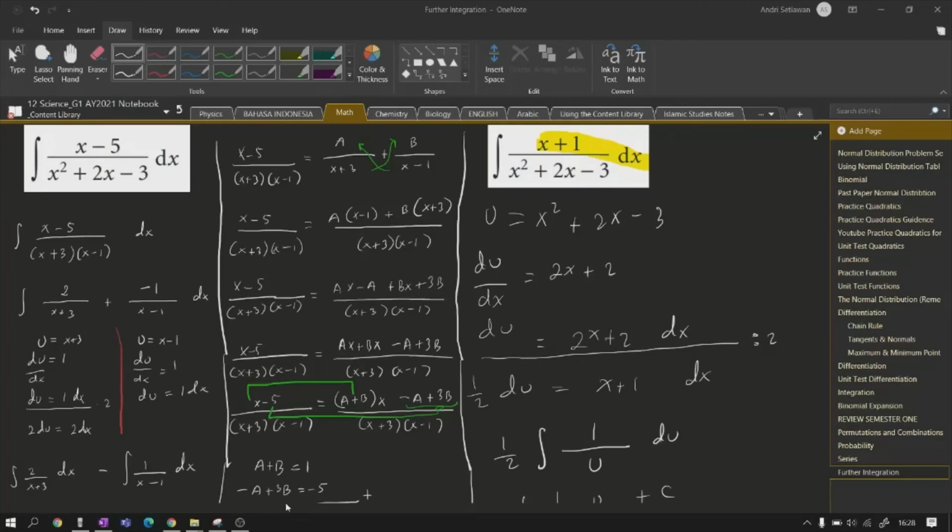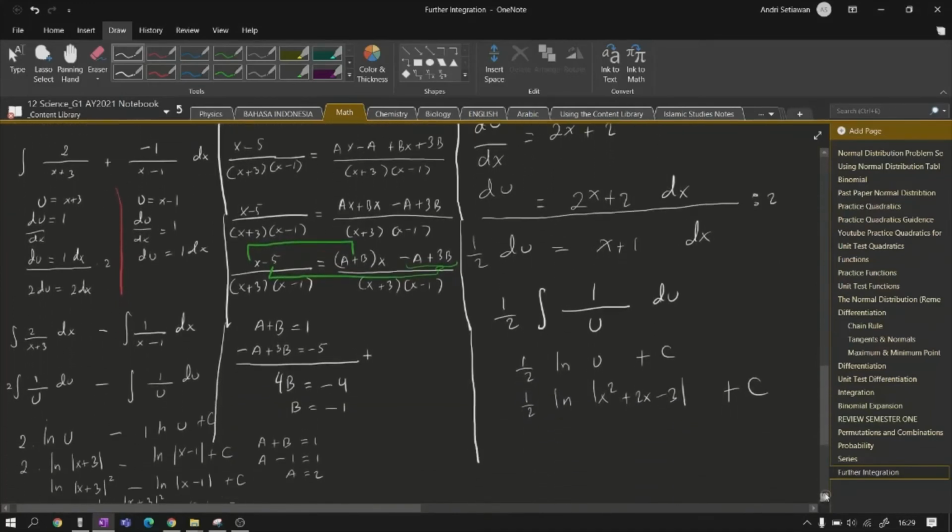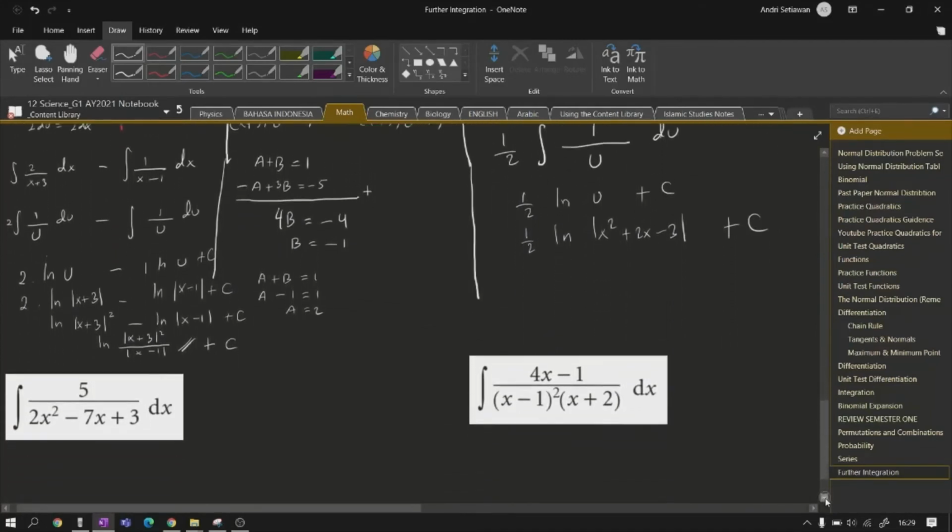You can break it into two parts if the fraction has two brackets. But if after you differentiate du over dx you get the other term, you can directly use the substitution technique. Okay, let's try to solve the other one.